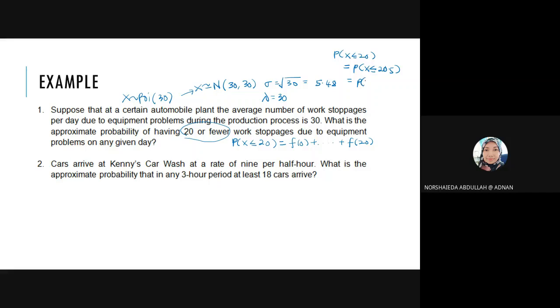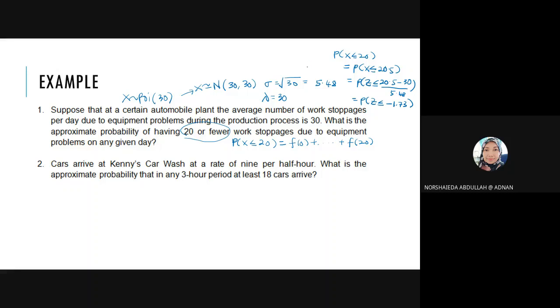Okay, and then we convert it to z. 20.5 minus mu 30, x minus mu over standard deviation 5.48. So we will get the value z less than or equal to negative 1.73.